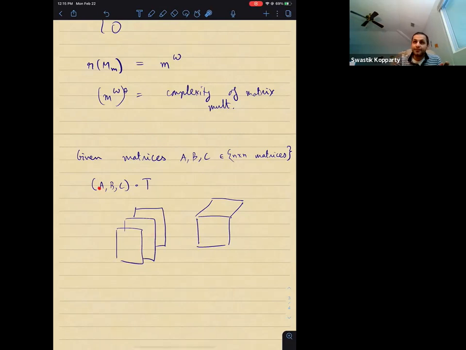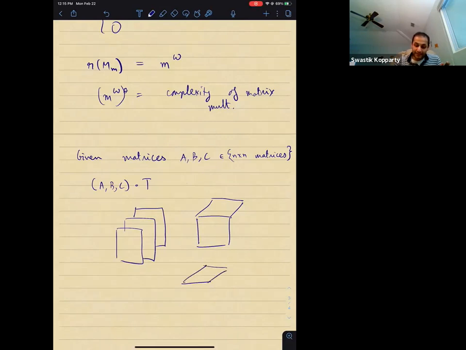That's what A does. A acts on slices in one direction, takes linear combinations of them, and produces a new tensor. Similarly, we have another matrix B, which acts on slices in another direction.